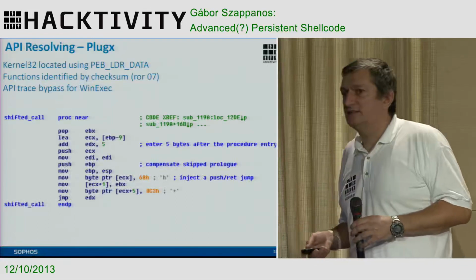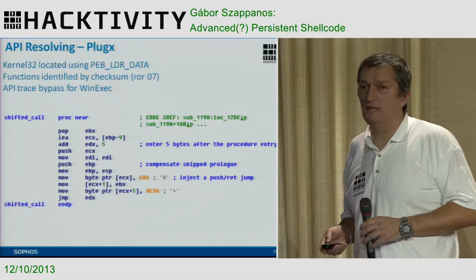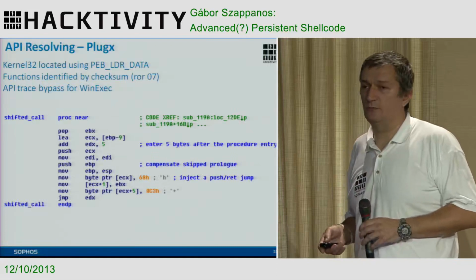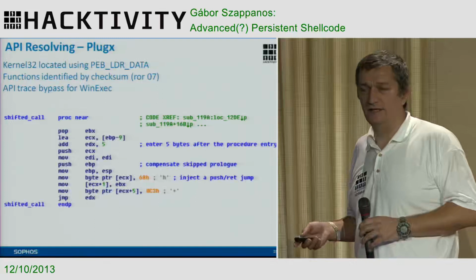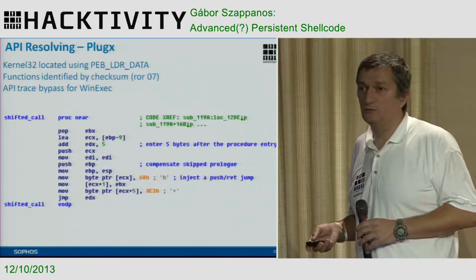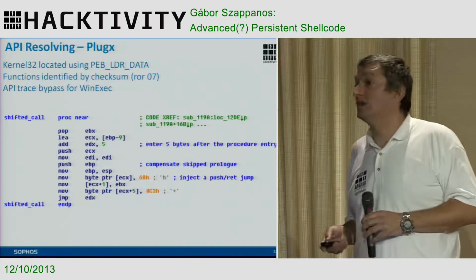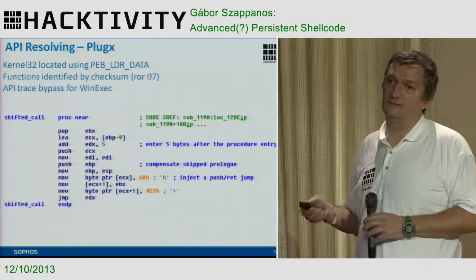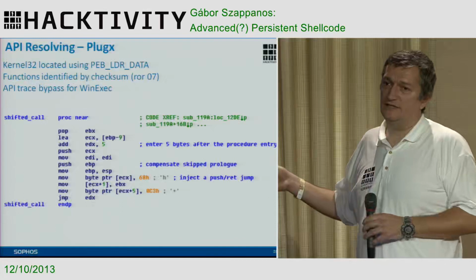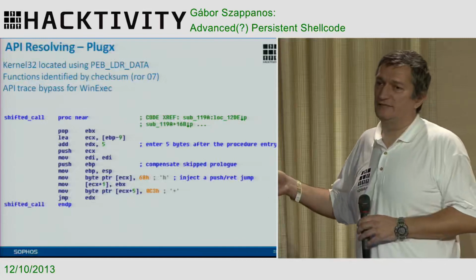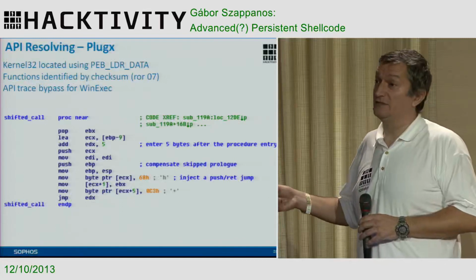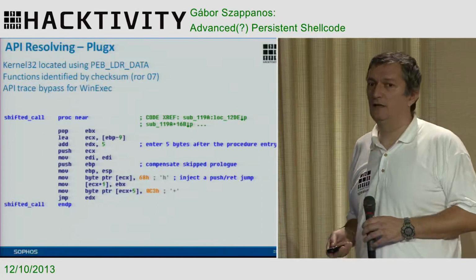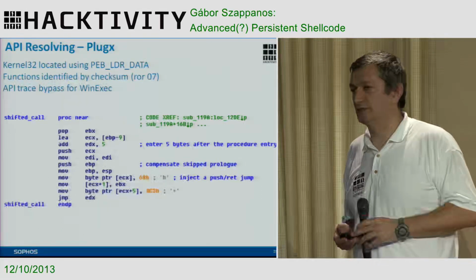And the reason is that if you are using some API hooking or API monitoring or tracing tool to follow what is going on in the system, it will place its hooks on the entry of the function. Now, if Plugix enters the function 5 bytes after that, it will bypass the protection, bypass the monitoring tool.